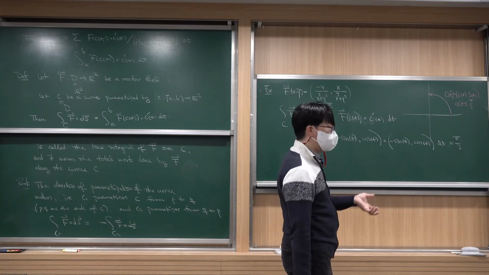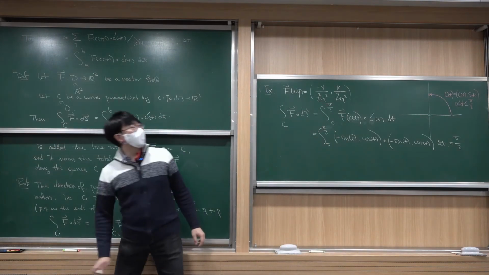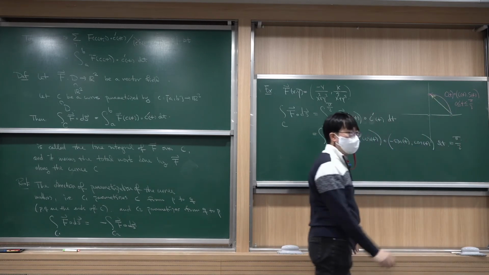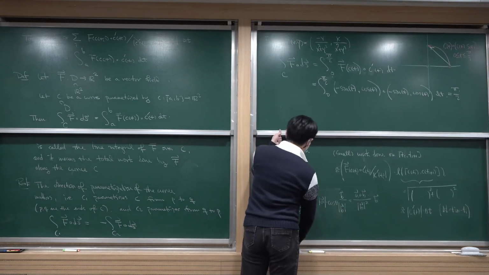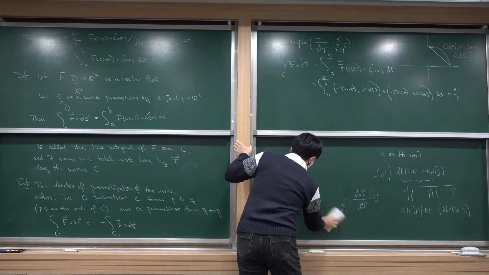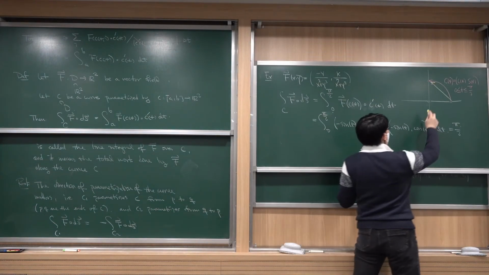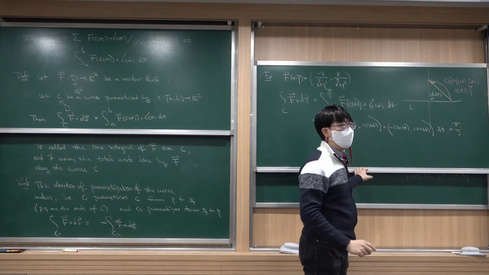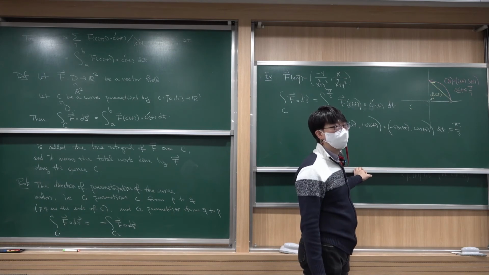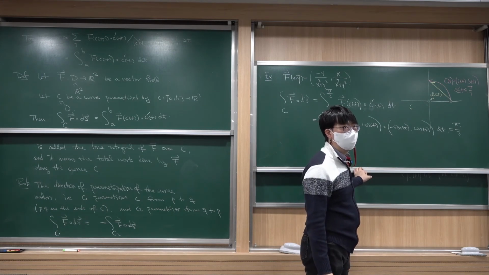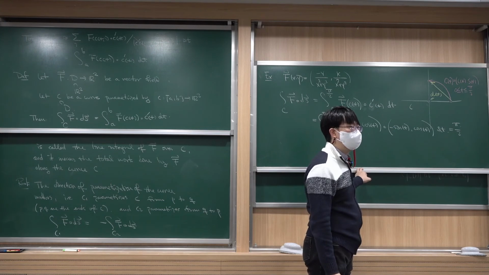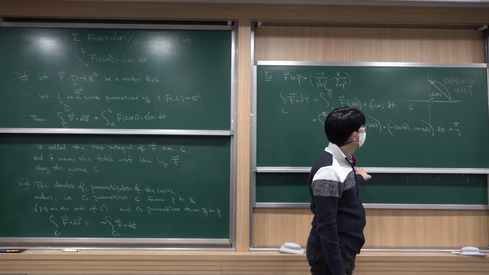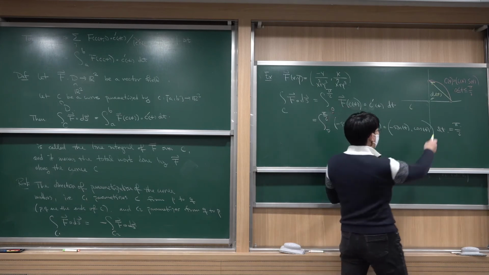So maybe let's try, I haven't tried yet, what if we take the integration on this curve. Let's call it a different name. I'm going to call it D. So how do we parameterize D here?